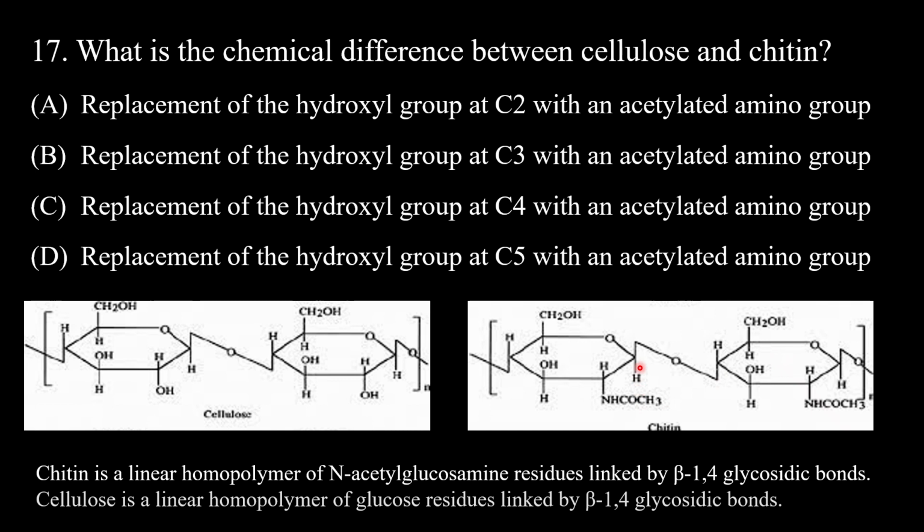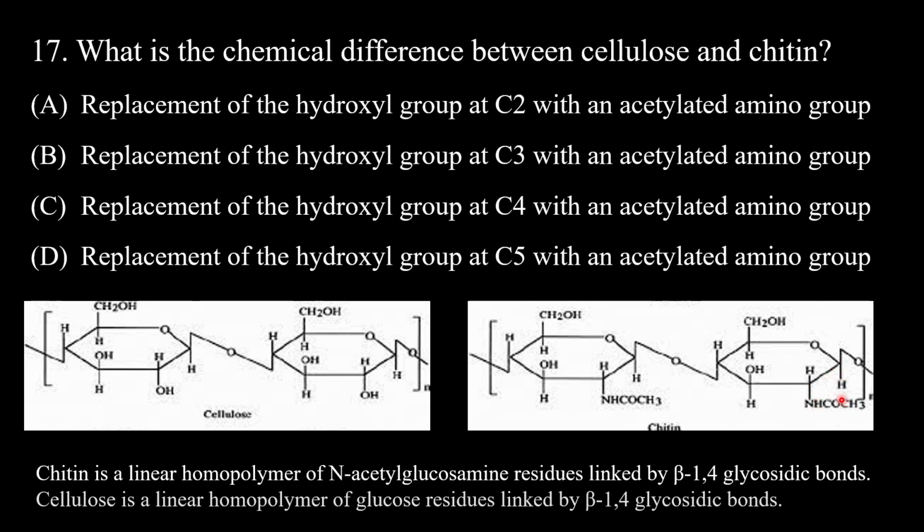but this is carbon 1, this is carbon 2. At carbon number 2, there is an acetylated amino group. This is the amino group attached, and CH3, the acetyl group, is also attached. So this is the glucosamine unit.